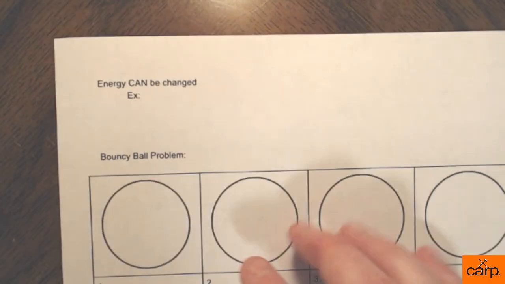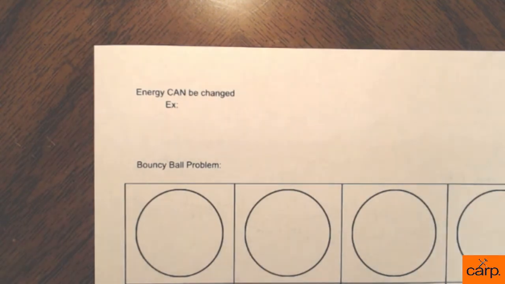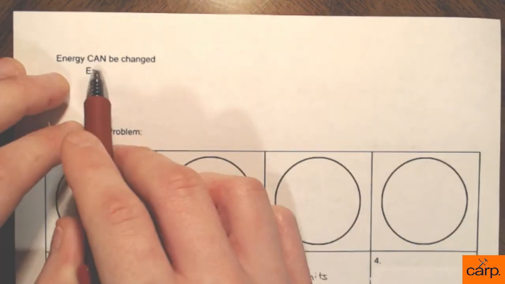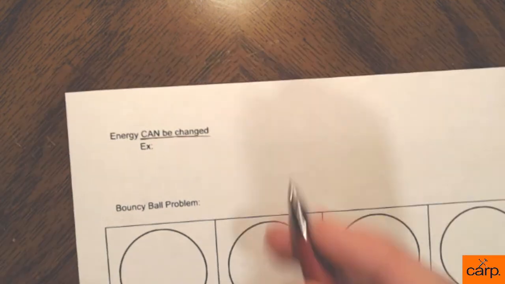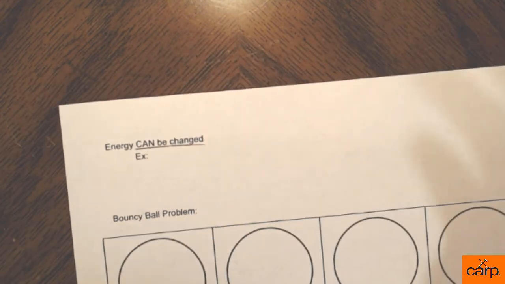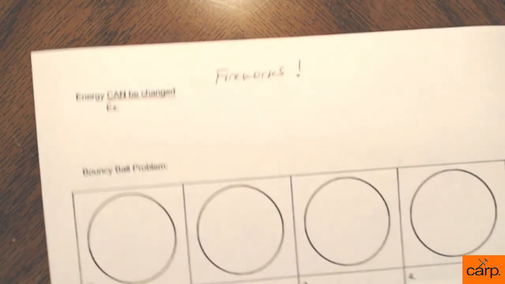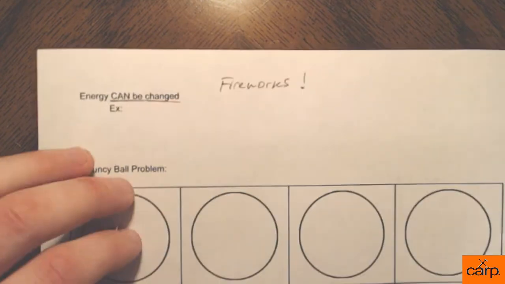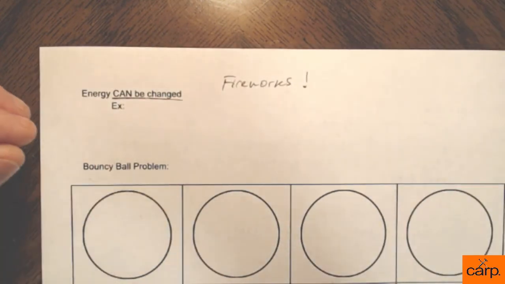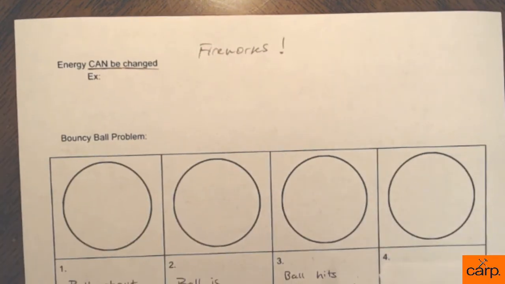Here's a quick example. So PoCoE says energy can't be created or destroyed, but it can change, and that's the important part. It can be changed. So for example, let's think about a firework. Okay, we have a firework. We're using some chemical potential energy. That's like the gunpowder and the different chemicals inside the firework that make it explode and go up into the air.